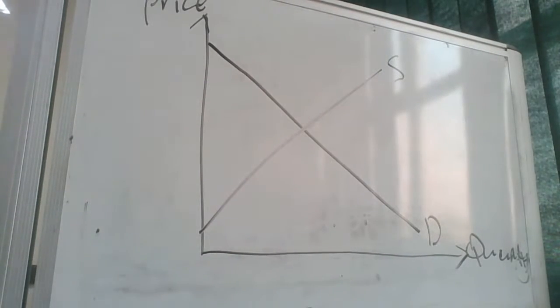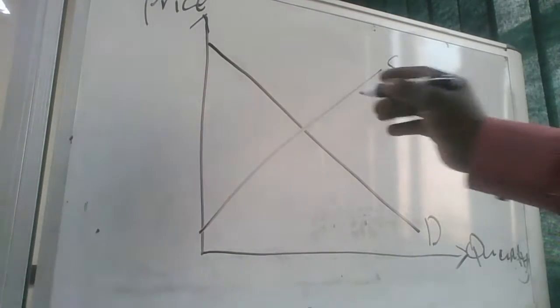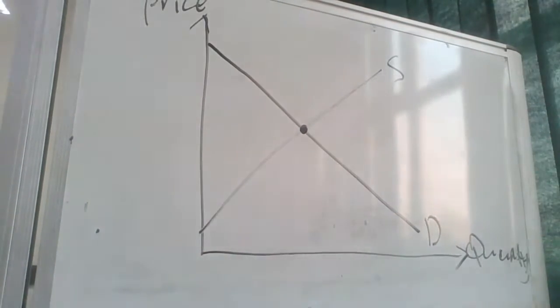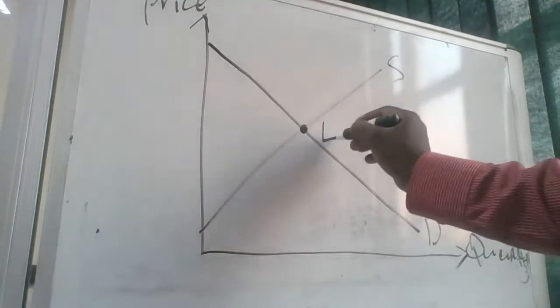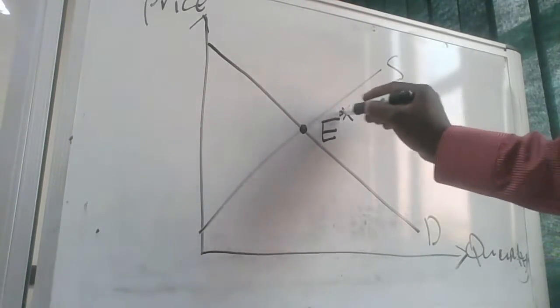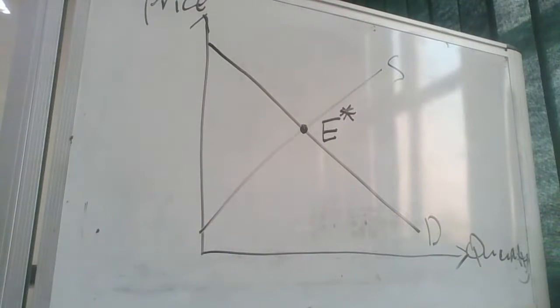Now, what we want to check is this point where demand and supply are meeting, the point of intersection. If we label it point E, this point E here is called the equilibrium point. I'll use E star just to indicate, or you can use E, whatever symbol, but it is called the equilibrium point.